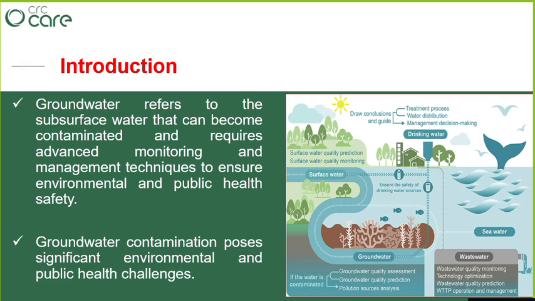So, if you take groundwater, there are various purposes we are using it for: drinking water, sea water, wastewater, and surface water. So we use it for various purposes, and groundwater contamination poses challenges.